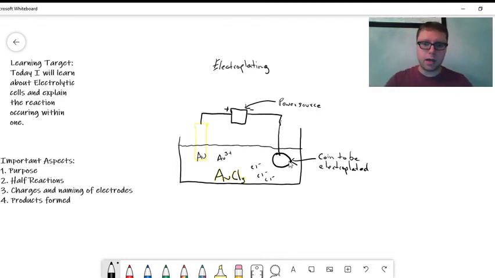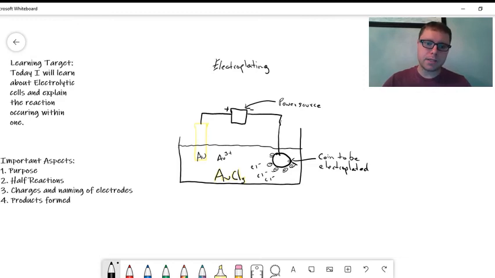Okay. Now, in this reaction, again, we have our power supply, positive and negative. Just like the negative on the last one, that's where I'm going to start. So our coin, because it's hooked up to the negative side, is going to be coated in all these tiny little negative charges. Our positive charge here is going to strip away the electrons from our normal gold.